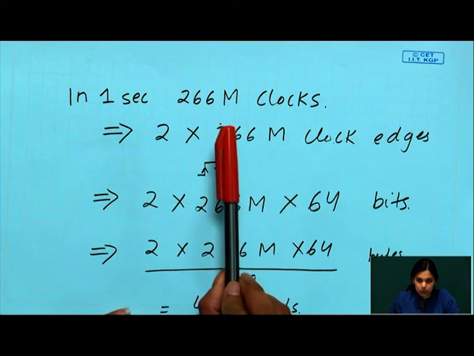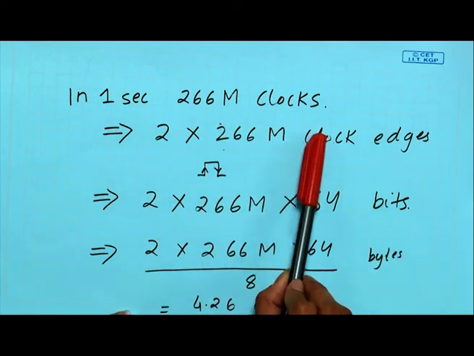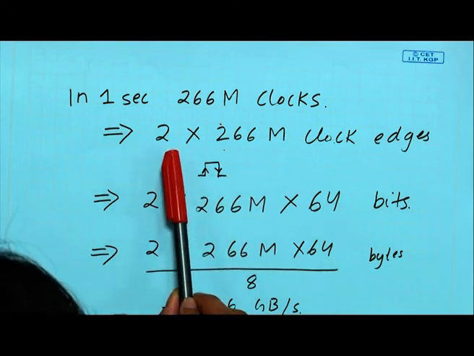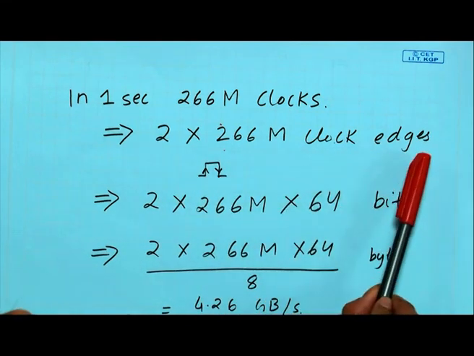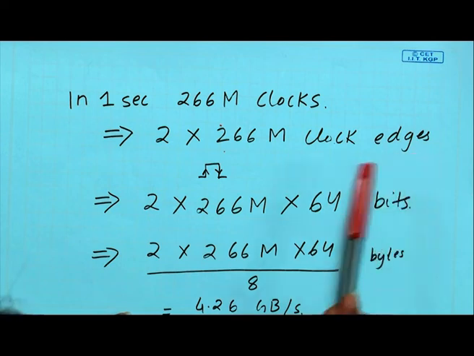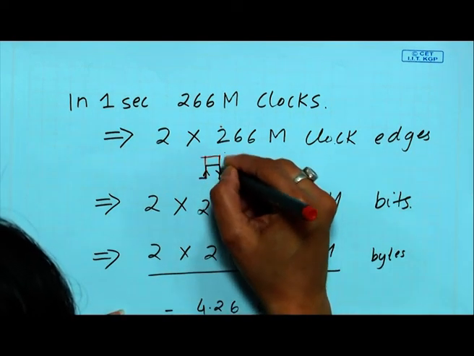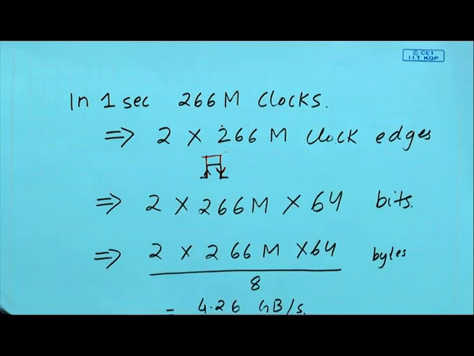In each clock there is a rising edge and there is a falling edge. So, 2 into 266 M clock edges will be there in total, one rising and one falling.